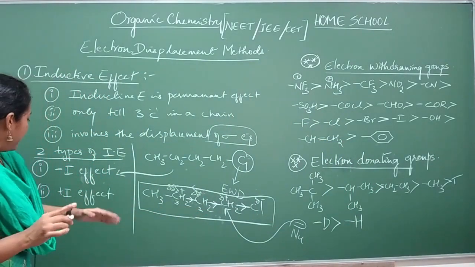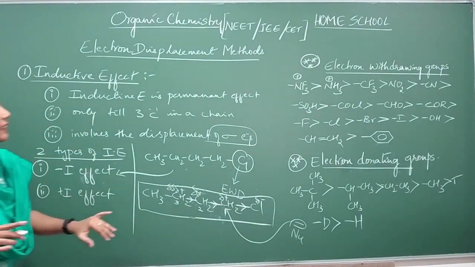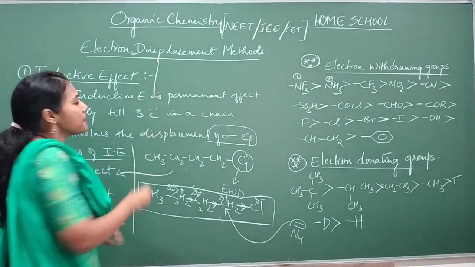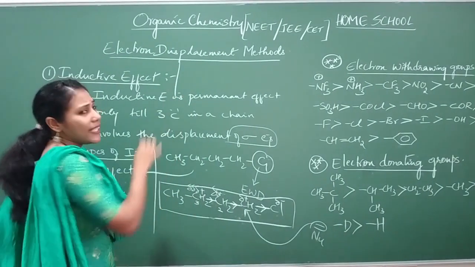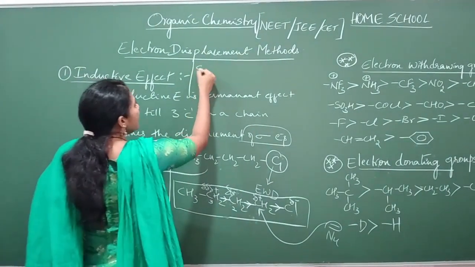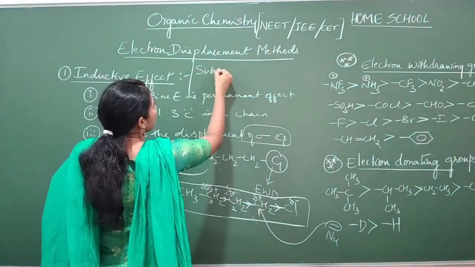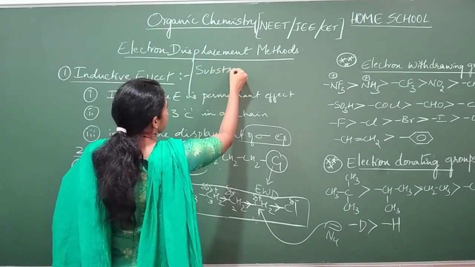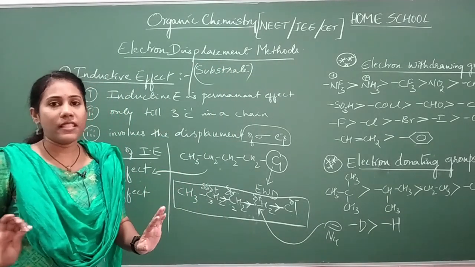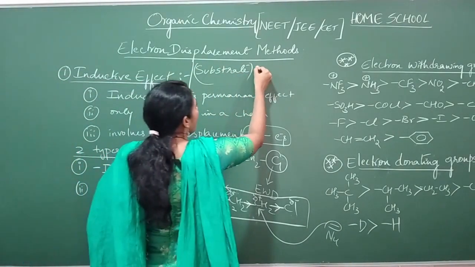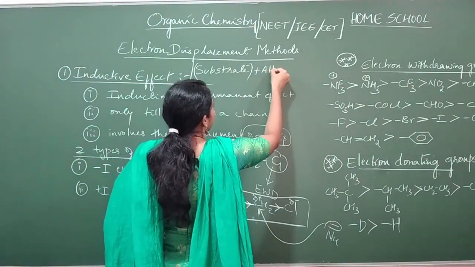Before we go for plus I effect, let me tell you one basic aspect of organic chemistry. In organic chemistry, you will always have our main chemical called the substrate. This is our main organic substance, and it will always react with an attacking reagent.